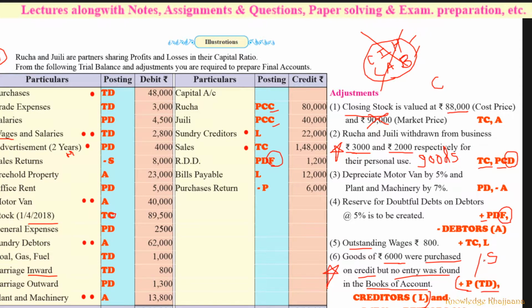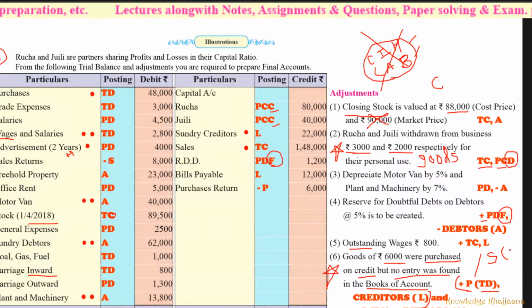How did we come to know? Because the closing stock is valued, and there is no adjustment saying they forgot to record the closing stock. So we can assume that they forgot to record the goods which were purchased on credit, and it means those have also been sold on credit.